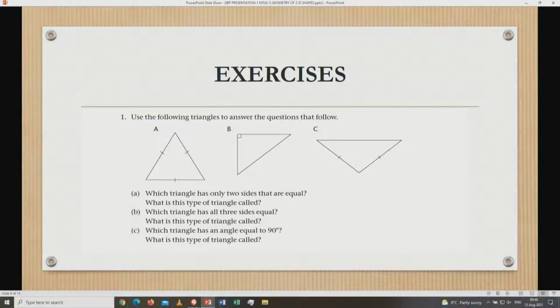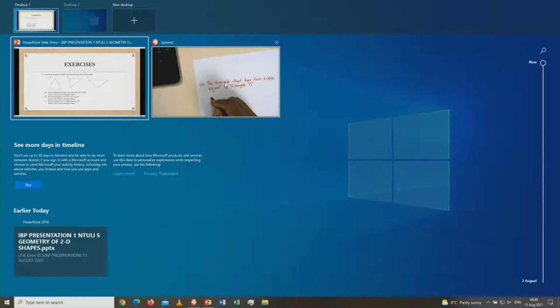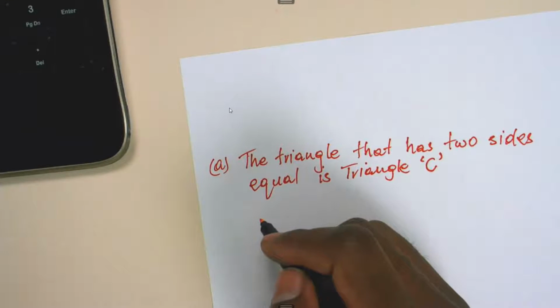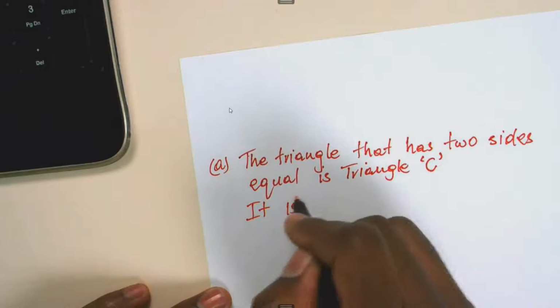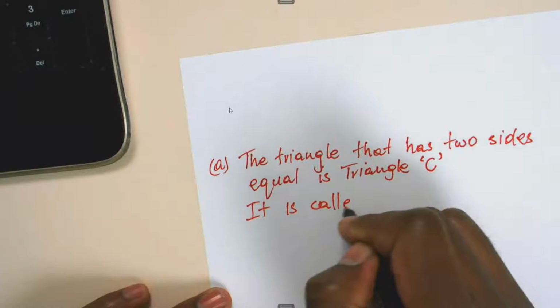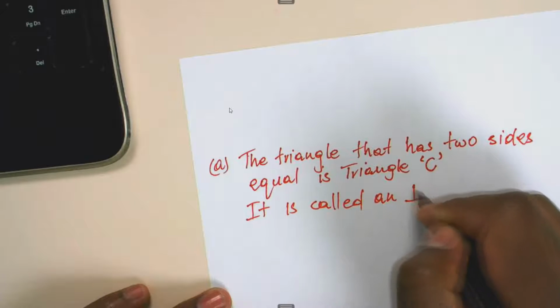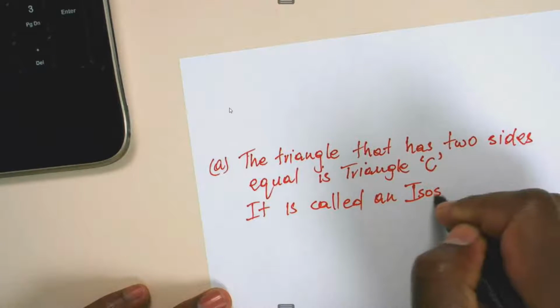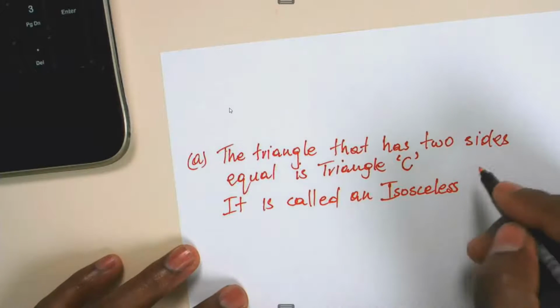called? Remember, we said a triangle that has got 2 sides equal, it is called an isosceles triangle.